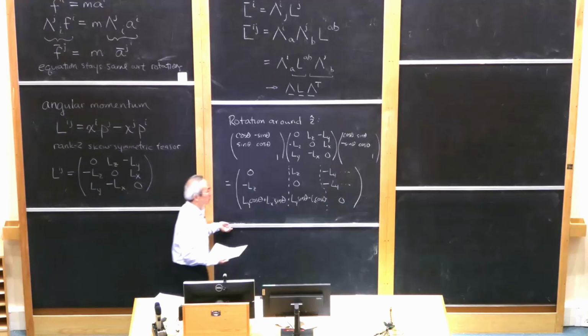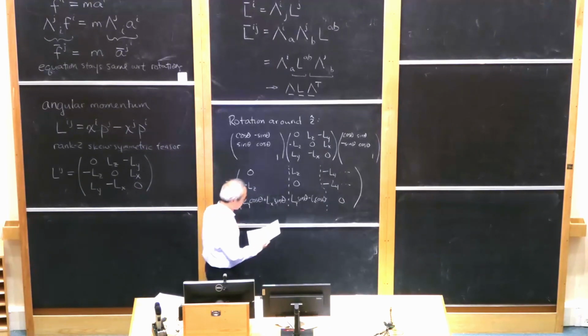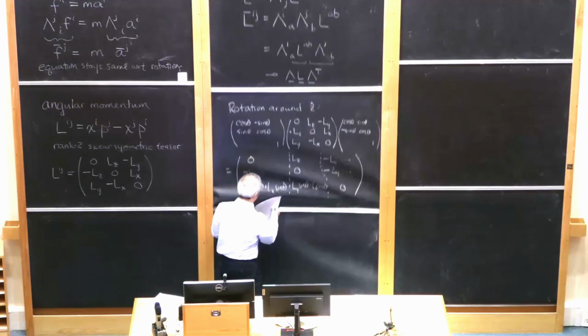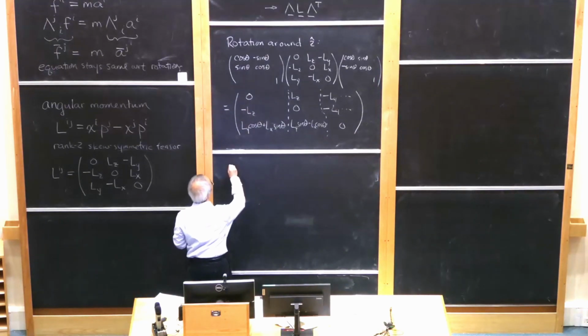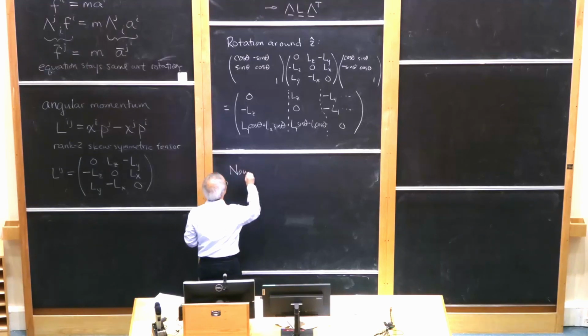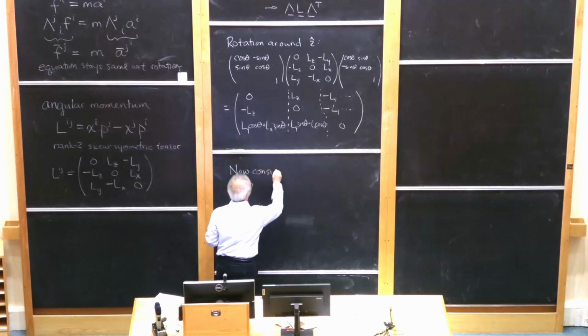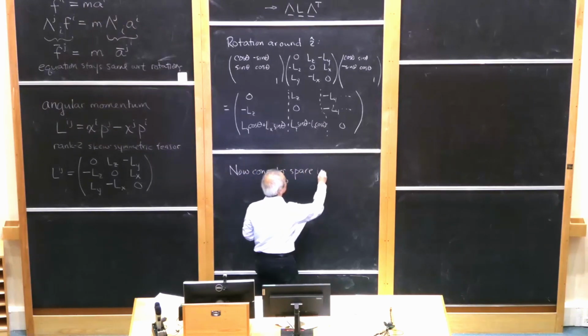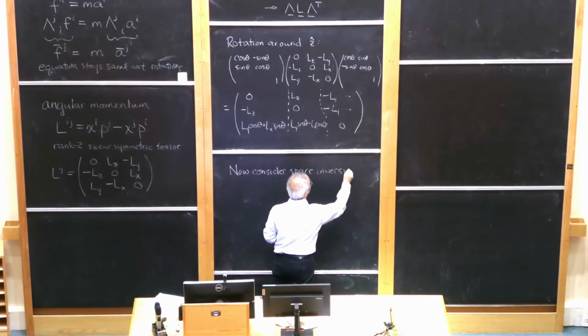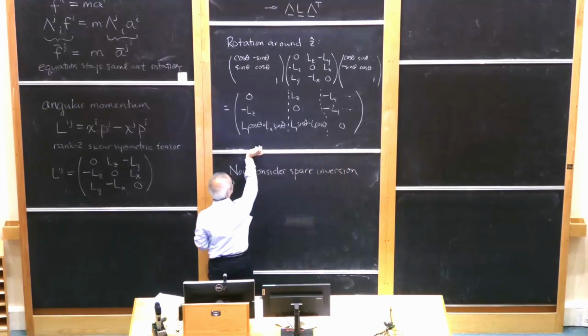So at this point, it just sounds like a more complicated way of doing a rotation. But there's one other thing. Now consider space inversion. Now we're going into the realm of the improper rotations.